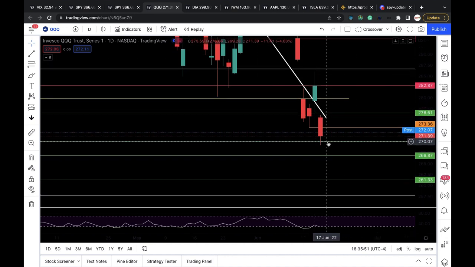So obviously for tomorrow, I cannot get bullish on it unless it recaptures the 273.3 level, putting 276.6 in play. I would definitely look for puts if 270 fails. That would put 267, then 261 in play. I might have a level around 264-ish, between that level. All right, guys. So only bullish above 273.3, below 270, bearish.